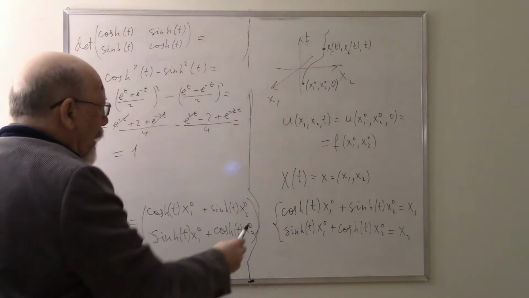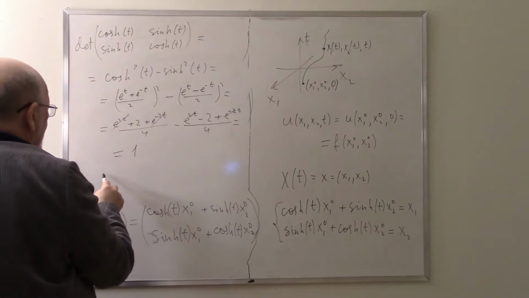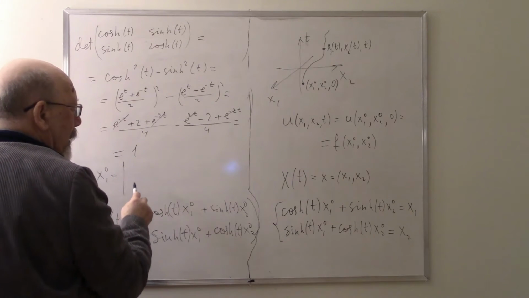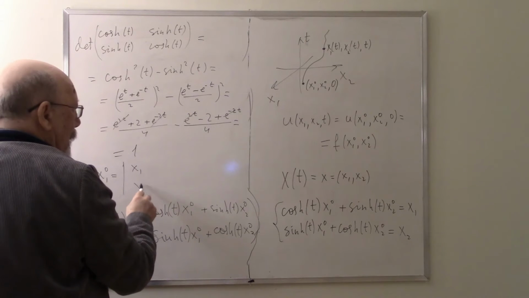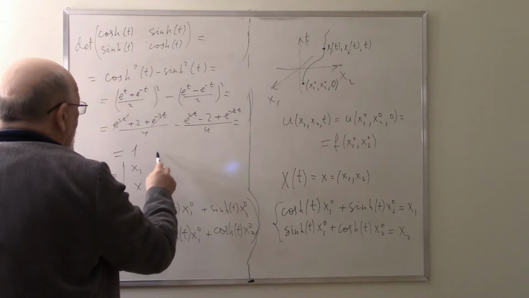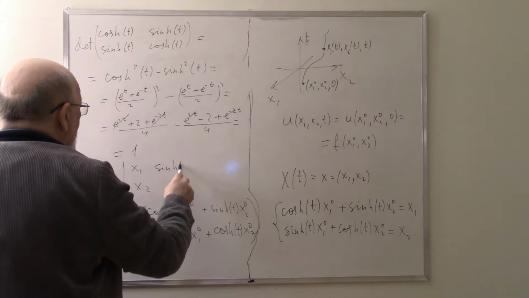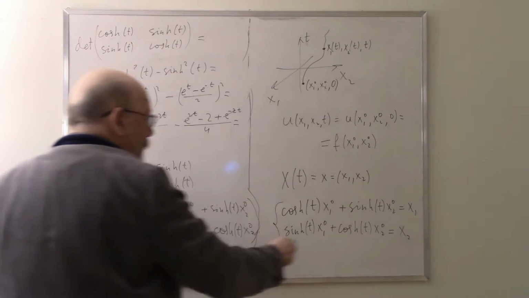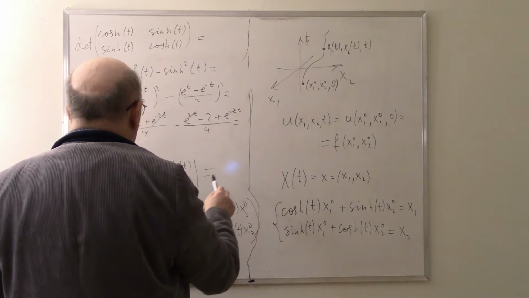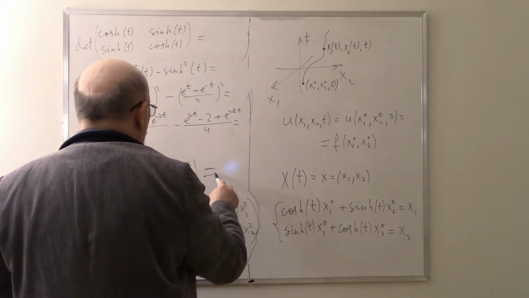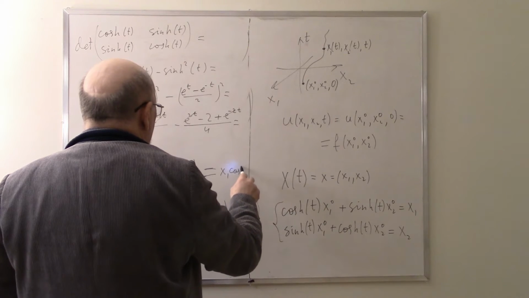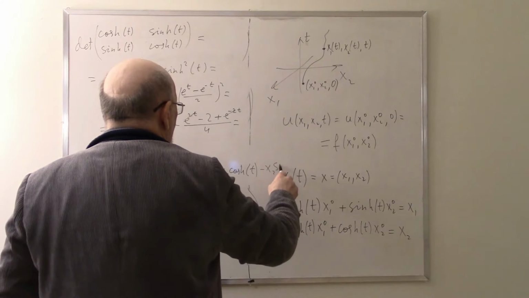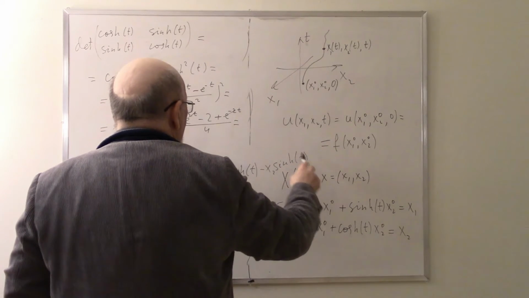First of all, then we have x1 0 equals the determinant of x1, x2, sine hyperbolic of t, cosine hyperbolic of t, which equals x1 cosine hyperbolic of t minus x2 sine hyperbolic of t.